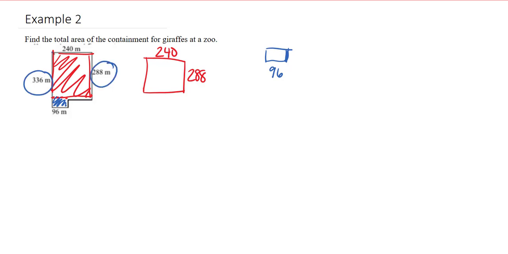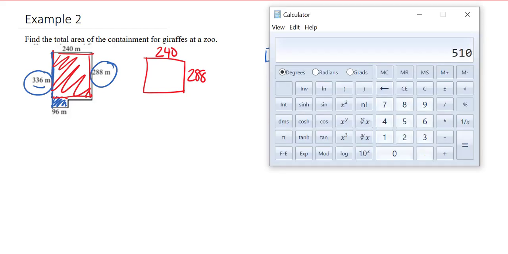Up to here is going to be 288, and then whatever is remaining gets us to 336. So in order to solve for this portion, we're going to go 336 minus 288.